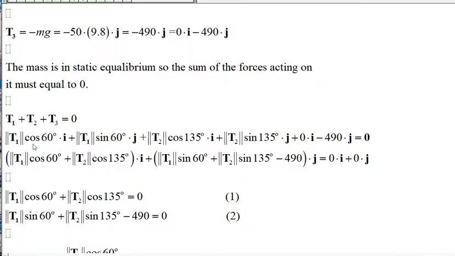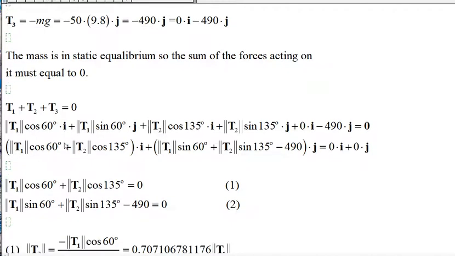And then combining all of these, we can write this as magnitude of t sub 1 times cosine of 60 degrees plus magnitude of t sub 2 times cosine of 135 degrees, and then times i. And then for the terms with the vector j, we can write it as magnitude of t sub 1 times sine of 60, plus magnitude of t sub 2 times sine of 135, minus 490.